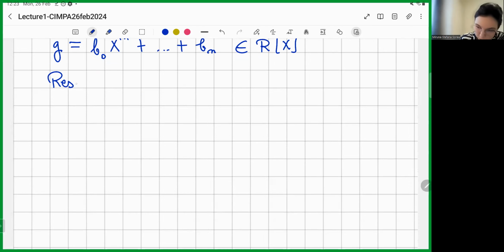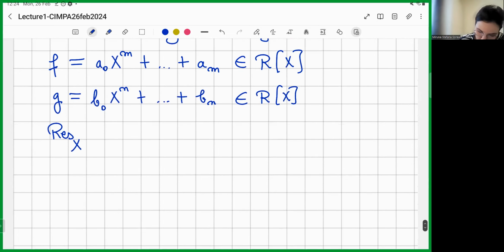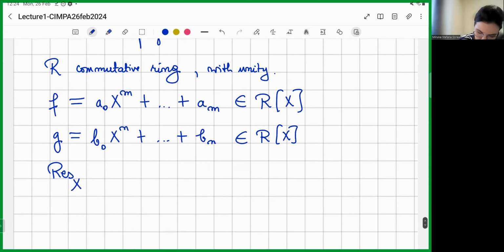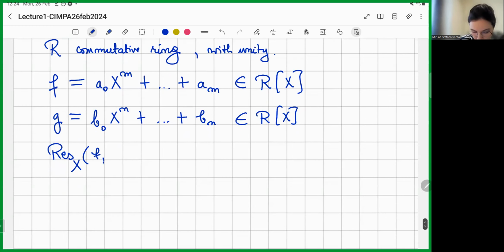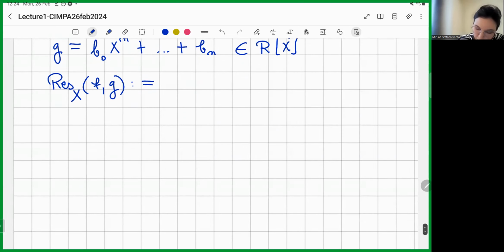Let's say we denote, I write this like this, resultant index x, because we will obtain a condition in terms of the coefficients of the polynomials f and g. So let's first define this. What we do is take the determinant of a matrix where we place in a precise manner the coefficients of our polynomials.